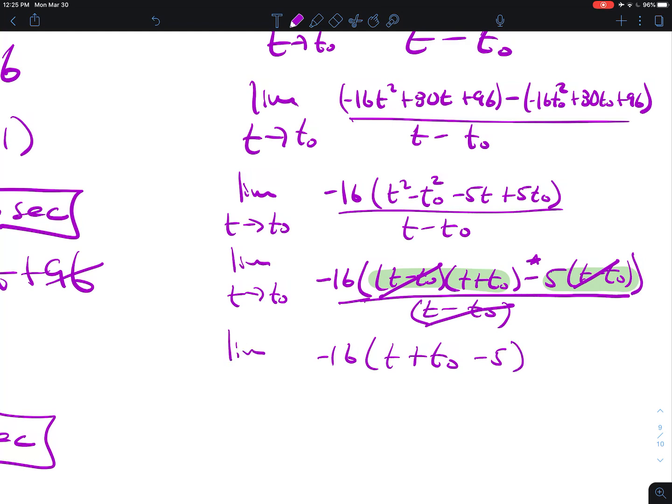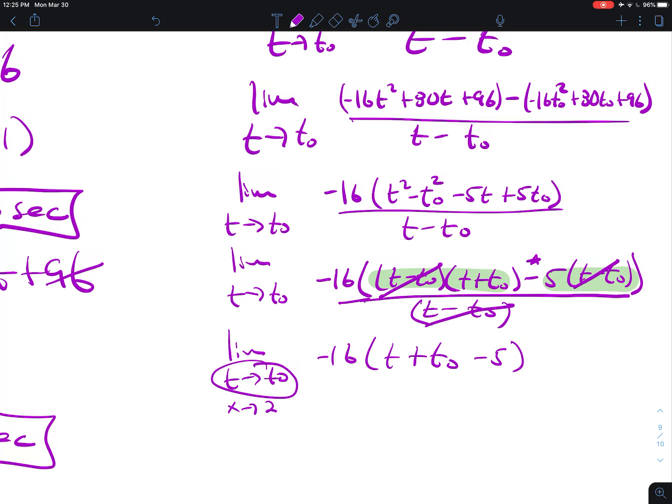The limit as t goes to t null. Now I'm actually going to evaluate the limit here, and think of it as like plugging the value in for x. Like if this were x going to 2, you would just plug a 2 in for x.